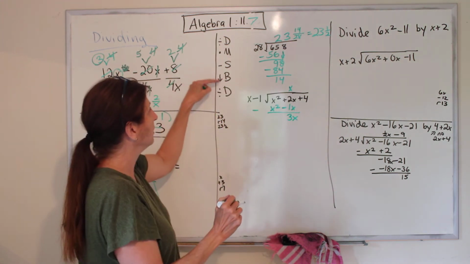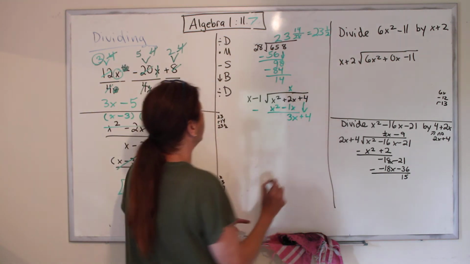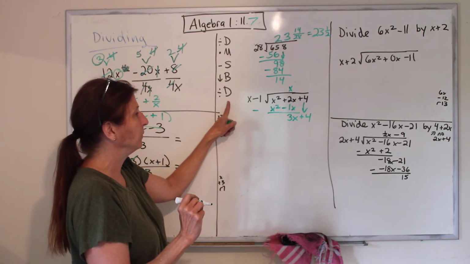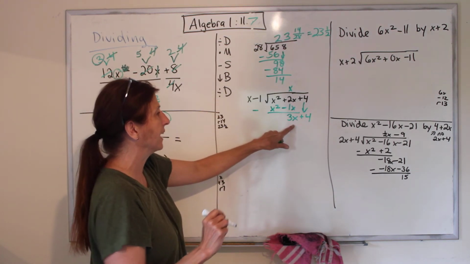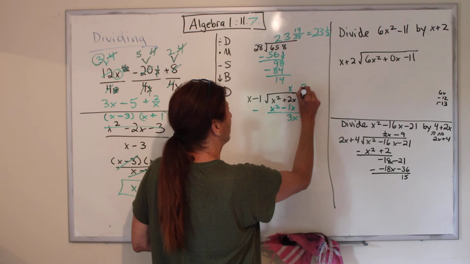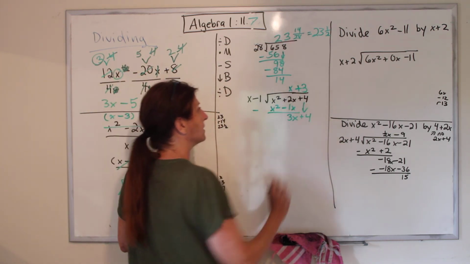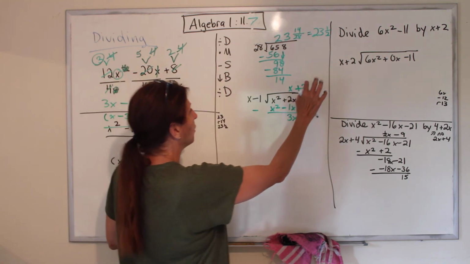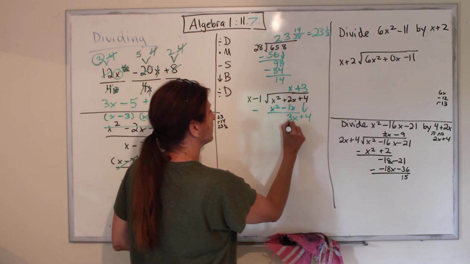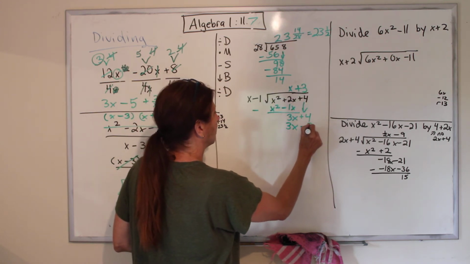Now what do? Blood. We bring down. Now what do? Daily, we divide. What would we do to x to make it 3x? Well, we would multiply that by 3. A positive 3 or a negative 3? A positive 3. Now we multiply. 3 times x is 3x. 3 times -1 is -3.